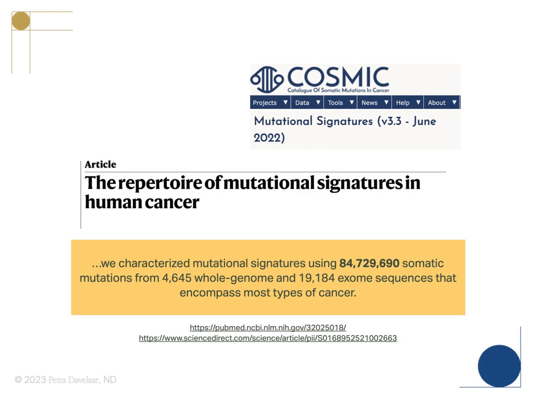The Pan-Cancer Analysis of Whole Genomes Consortium of the International Cancer Genome Consortium characterized mutational signatures using 84,729,690 somatic mutations from 4,645 whole genomes. That encompasses most types of cancer. 84 plus million mutations.